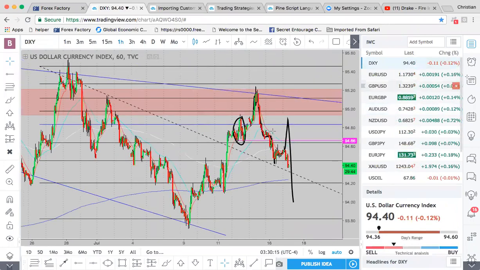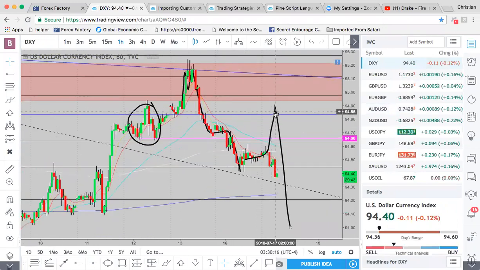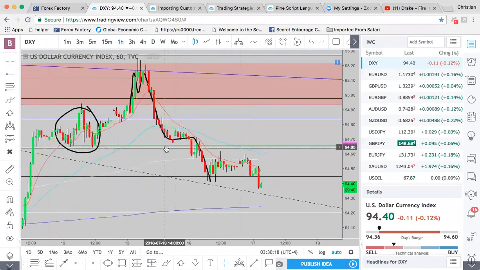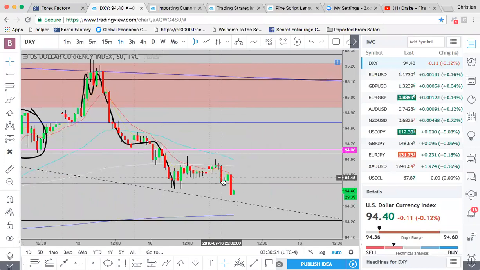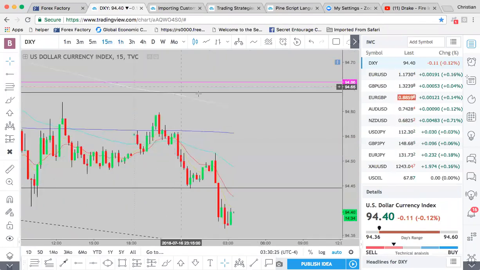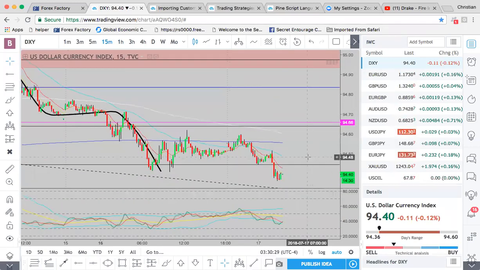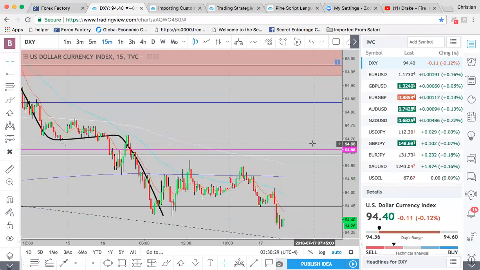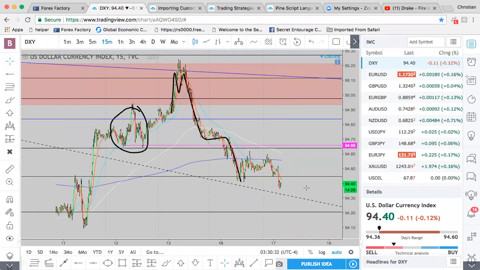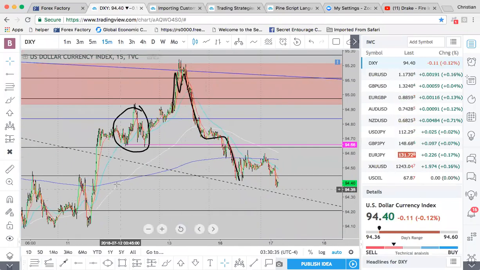However, DXY, is the DXY giving us that? Is the DXY giving us a buy yet? DXY is going fast move to the downside. Understanding that, we're getting a fast move to the downside on the DXY. So what would that then tell us on other pairs that we could possibly get? I would love the DXY to just run through this.